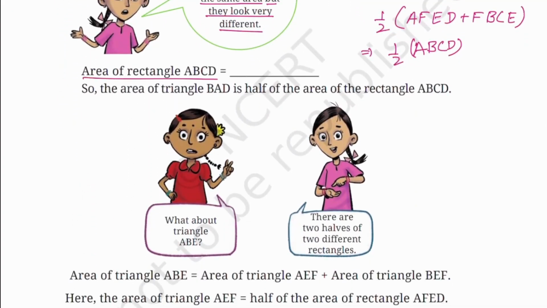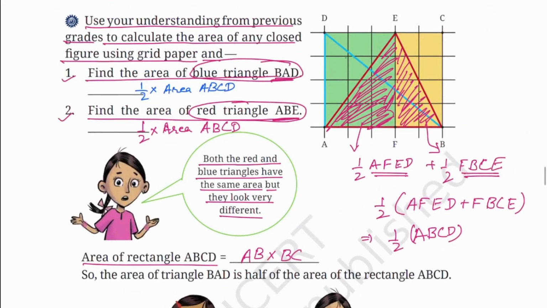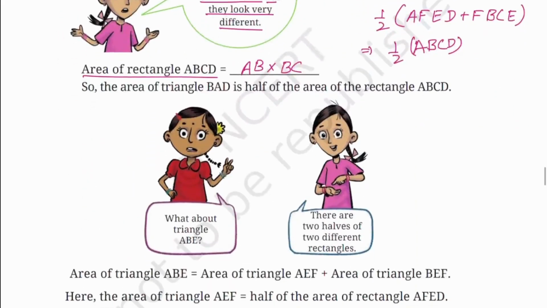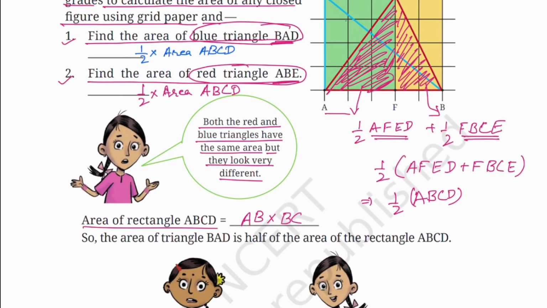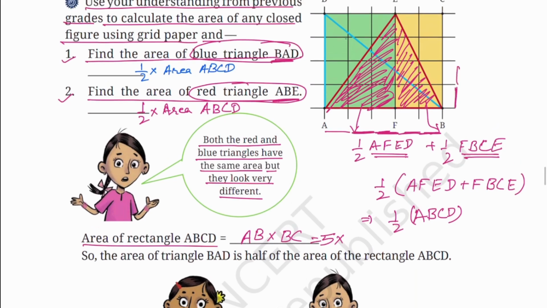Area of rectangle ABCD is equal to AB into BC, that is, the product of length into width. Or you can say 5 units length, 4 units width.